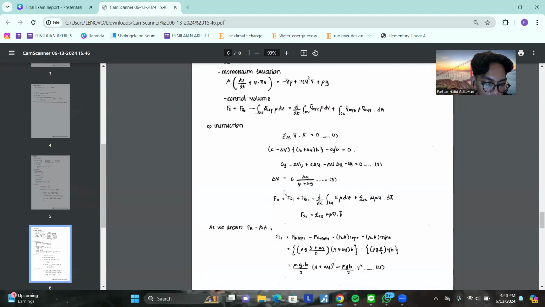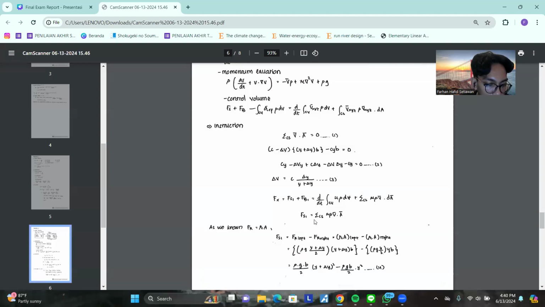So for the momentum equation, again with the assumption of uniform velocity at each section, we use the following x component of the momentum: Fx equals Fs1 plus Fb1 equals d/dt of the integral over the control volume of u rho dV, plus the sum over the control surface of u times rho times V times dA.